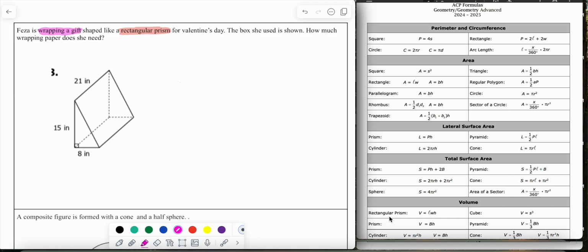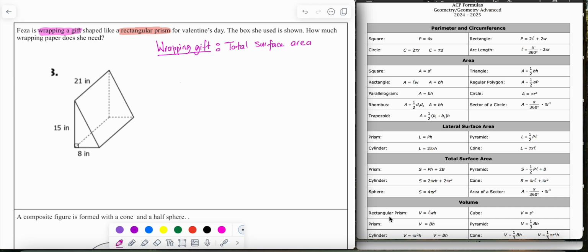So you have to remember, anytime you see the words wrapping a gift, you have to write down that wrapping a gift means total surface area. That's the formula that is required.